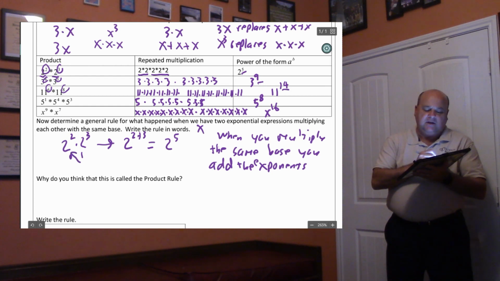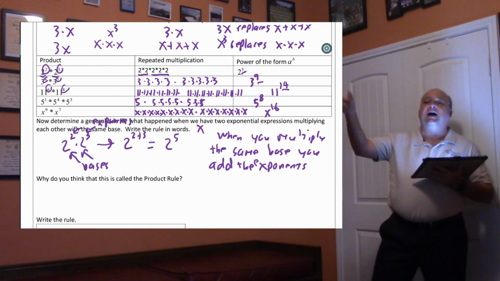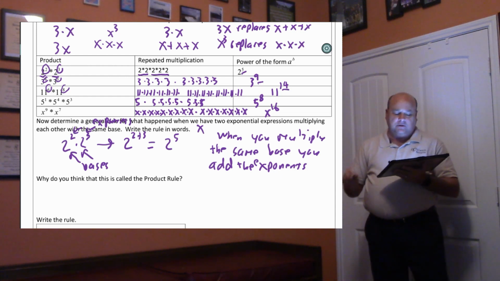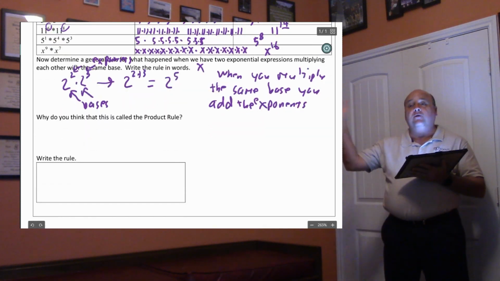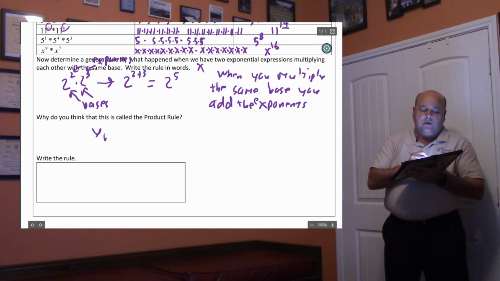Remember, these numbers here are called bases, and these numbers up here are called exponents, right? So when you multiply your bases, when you find the product of the bases, you add up your exponents, okay? Why do they call this the product rule? Because you multiply your bases. You are multiplying the bases.